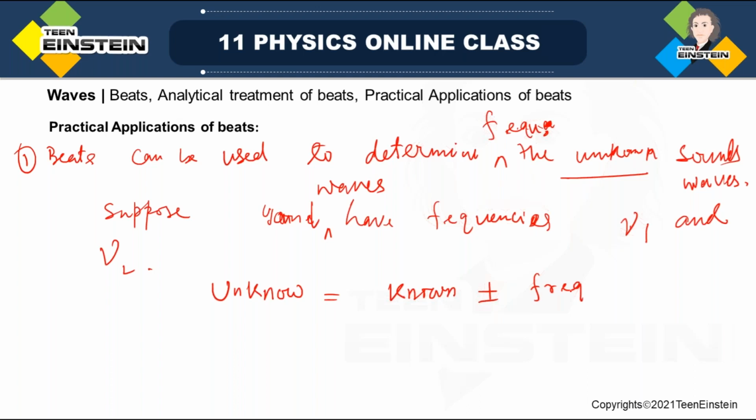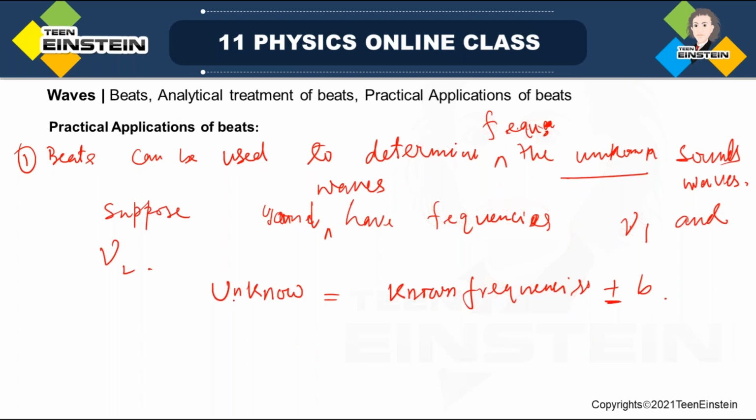So the unknown frequency will be the known frequency plus or minus the number of beats.